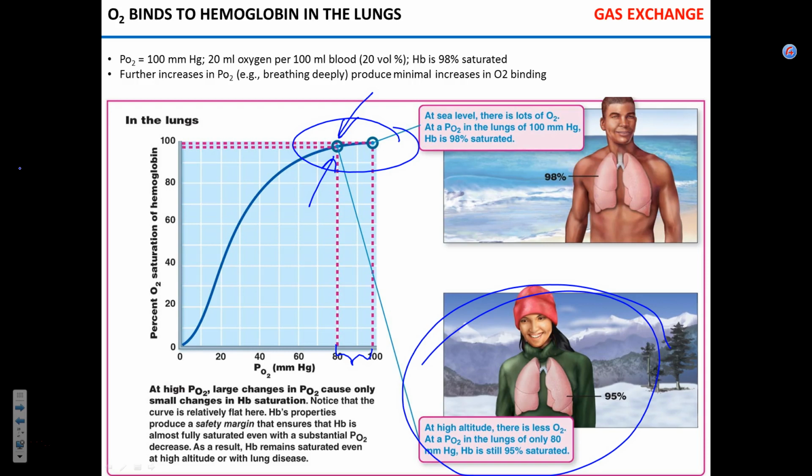So now think about this. If this fella on the beach and this lady in the mountains don't do any exercise, just chilling there, then the partial pressure in the tissues is still going to be 40, right? Somewhere here. So the amount of oxygen that reaches the tissues in the lady is lower.